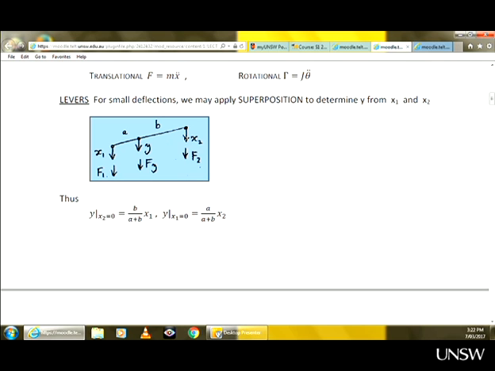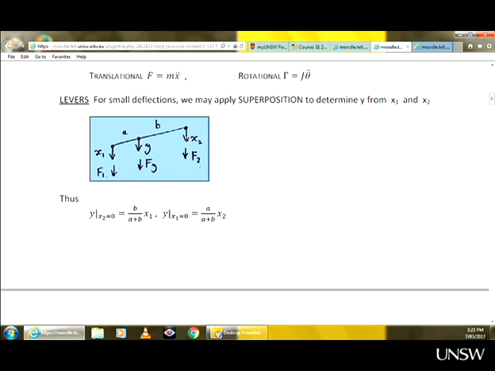Well, let's say we want to express y as a function of x1 and x2. First, we assume that x2 is 0, so you have a fulcrum here. In that case, you express y in terms of x1. Then you move your fulcrum over here, and express y in terms of x2. And add those two components of y to get the real y.